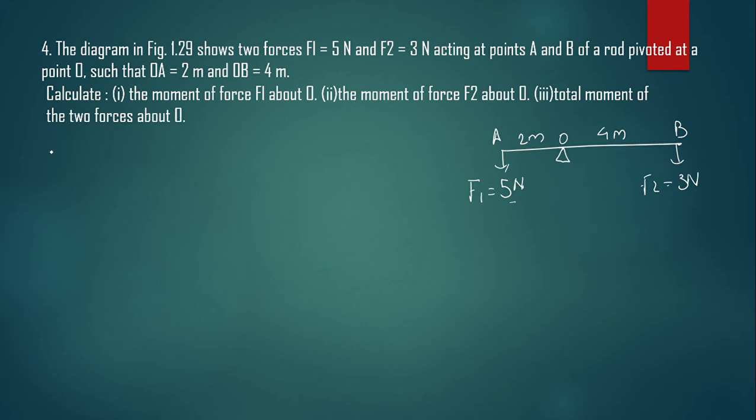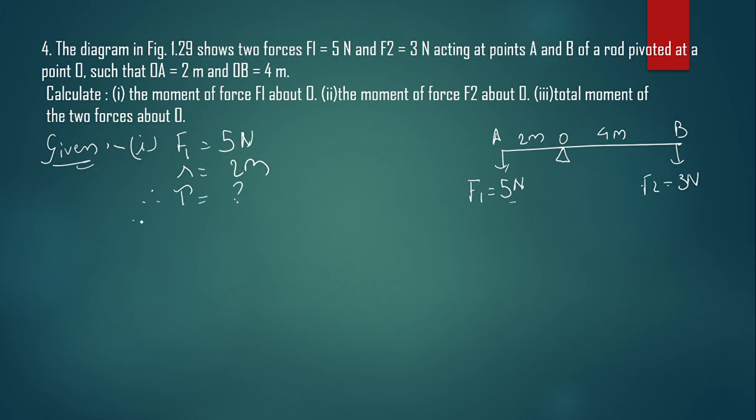So first, we'll write what has been given for this. Given, for the first one, force F1 is 5 Newton and the distance is 2 meters. Therefore, we have to find out torque.